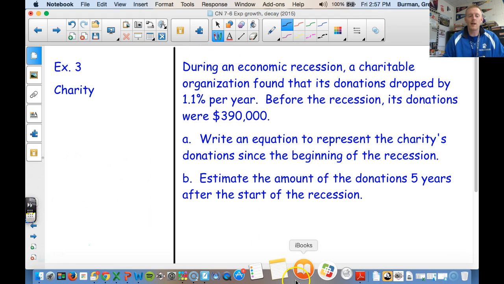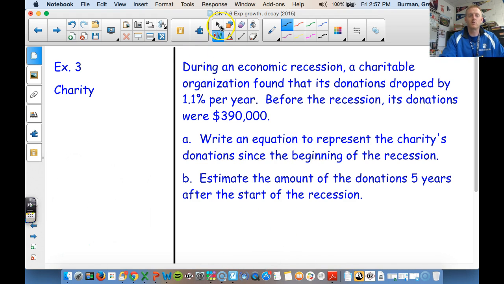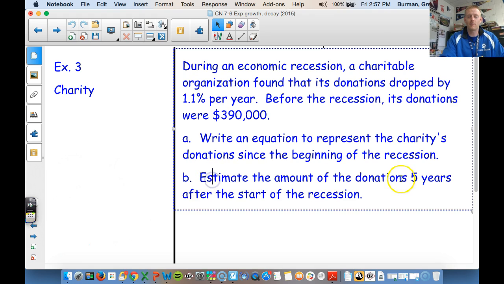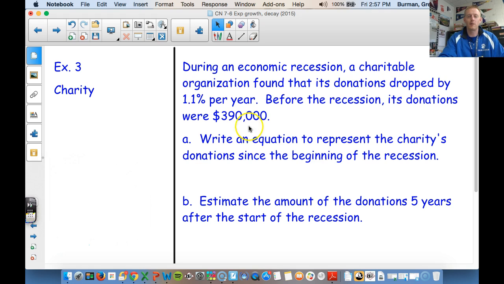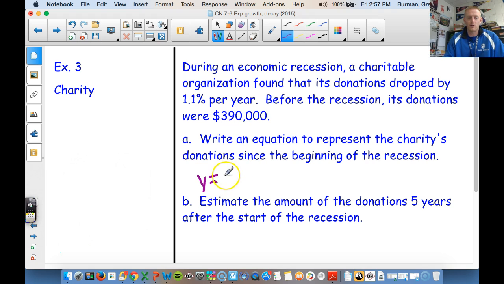We're supposed to write an equation to deal with the situation that we have. So I'm going to give myself a little extra space here. Poor planning on my part, sorry. And let's go ahead and write ourselves that equation. So it is y is equal to A, which will be the initial amount, 390,000, and then times 1 minus the 1.1% changed to a decimal.